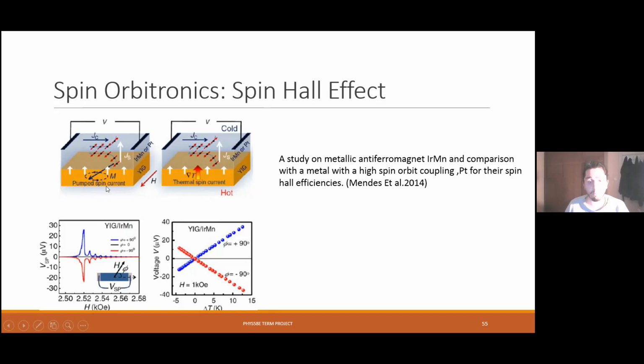One is spin pumping, and the other one is the spin Seebeck effect. If you want, you can read the whole study as well. But at the end of the study, it's seen that iridium manganese is as efficient as platinum as a layer to be used in spin Hall effect studies.